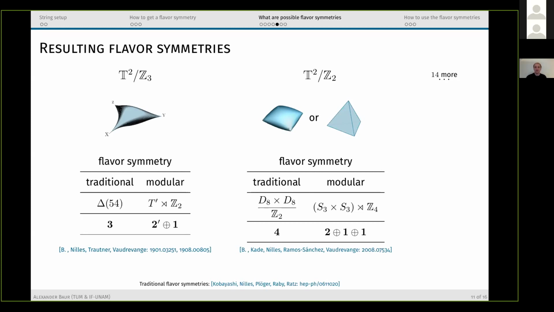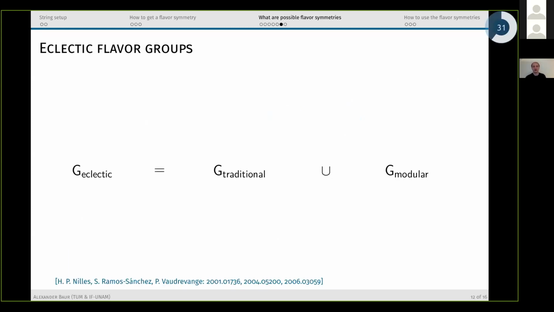So, okay. Now, traditional and modular. There's always traditional and modular, and of course, we can combine them. The combination of those two is called an eclectic flavor symmetry. Now, you might wonder why I didn't write a direct product over here. This is because those two groups do not commute with each other.